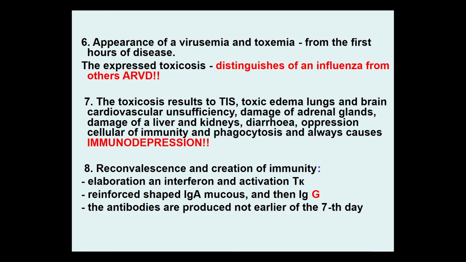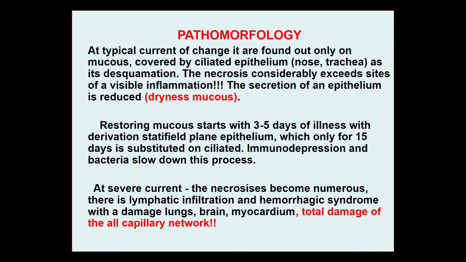Convalescence and creation of immunity: elaboration of interferon and activation of T killers, reinforced formation of mucosal immunoglobulin A and then immunoglobulin G. The antibodies are produced not earlier than the 7th day.